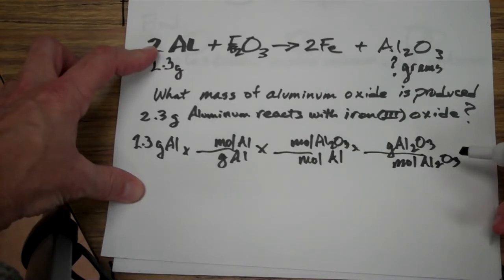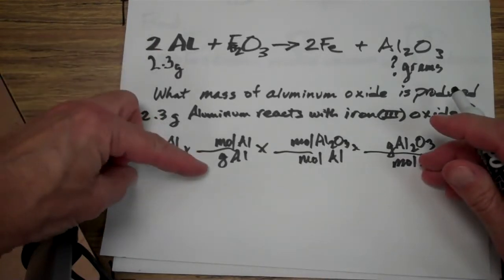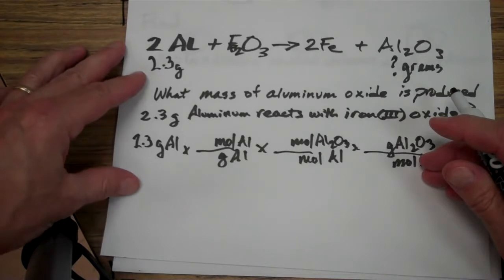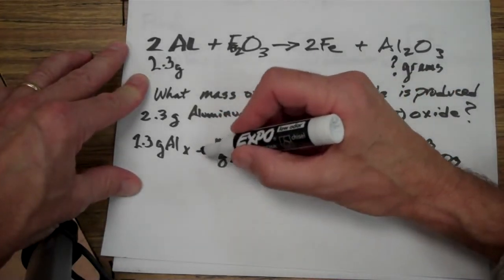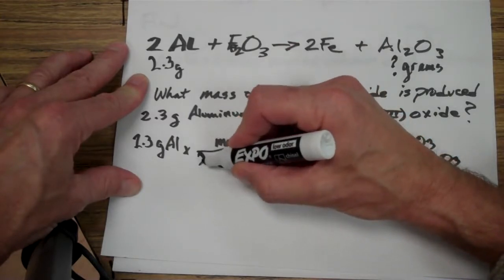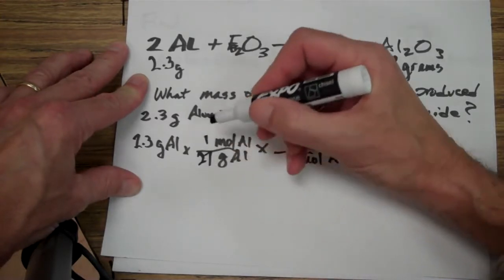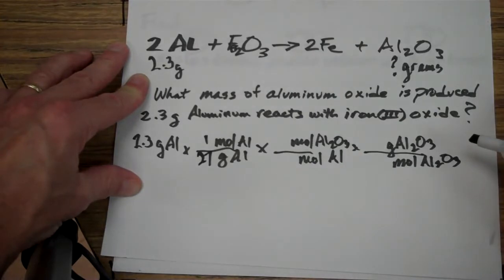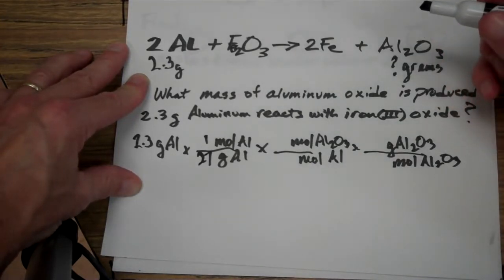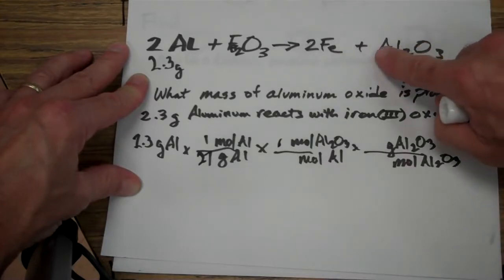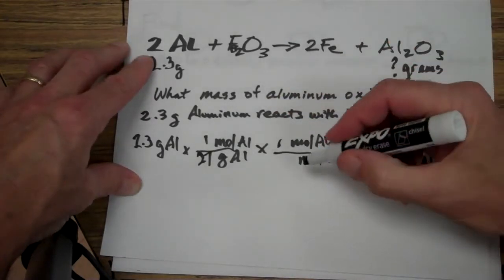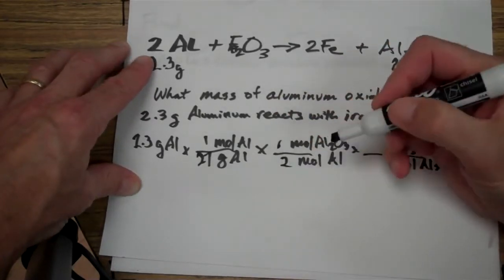And the first thing I need to know is how many grams of aluminum per mole. And if I look on the periodic table, I can see that the molar mass of aluminum is 27 grams of aluminum per mole. And if I look at my balanced equation, it tells me that there is 1 mole of aluminum oxide per 2 moles of aluminum.